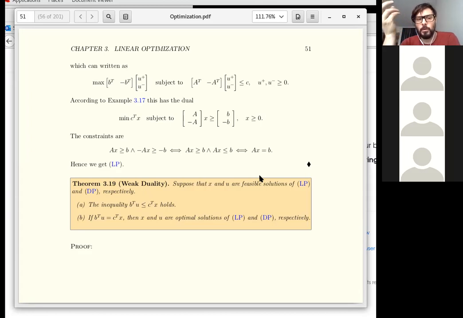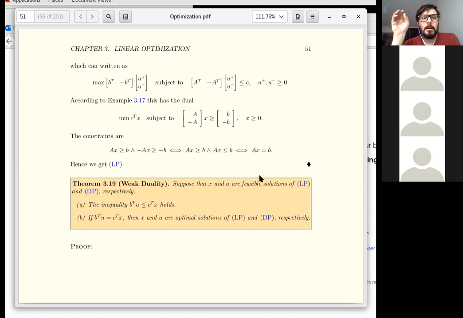And we construct a dual so that instead of minimizing C transpose X, we're maximizing B transpose U. The important part of this theorem says that whenever we have a U that satisfies the dual constraint, A transpose U is smaller than or equal to C, the cost function at that point, no matter what it is, is less than or equal to the cost of the original linear problem.